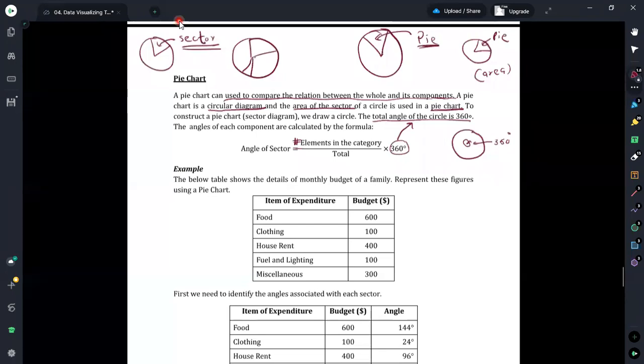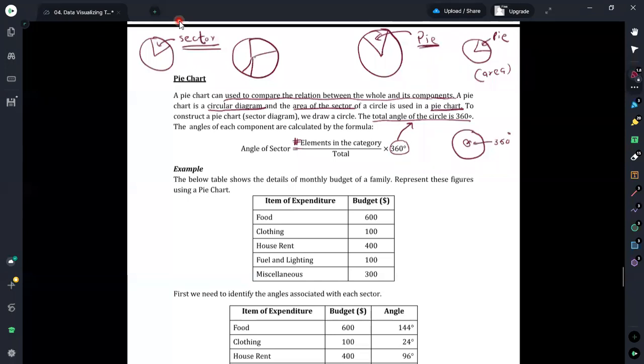Here it says that the below table shows the details of a monthly budget of a family, and they directly ask us to represent these figures using a pie chart. If you just see this data set, it is actually a monthly budget of a family, and they have identified some categories or areas for these expenditures.